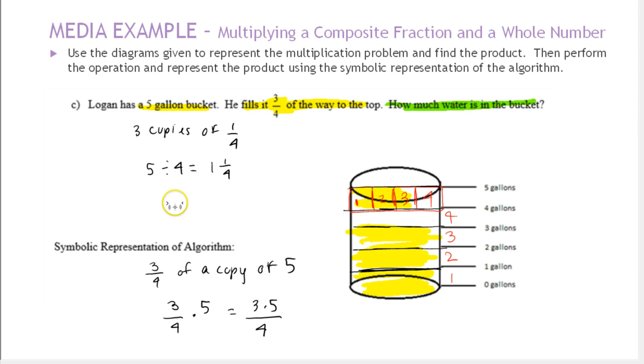Break it into 4 equal groups. Then take 3 copies like we shaded. We get 15/4. And if we rewrite this as a mixed number, 4 goes into 15 3 times with the remainder of 3, and we get 3 3/4 gallons.